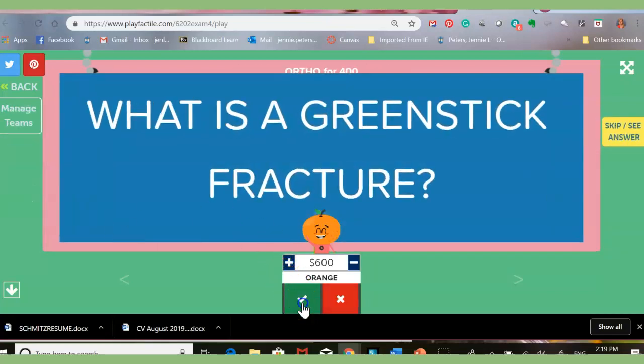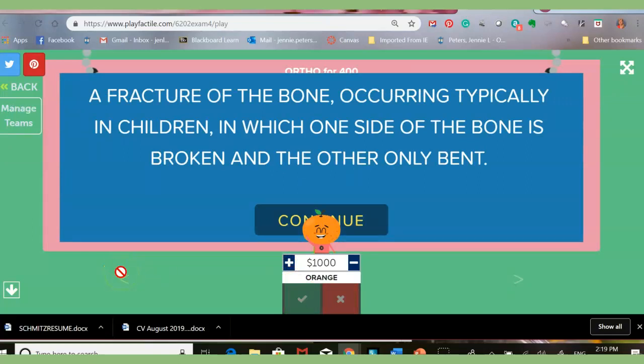Now, a greenstick fracture most often occurs with children because they fall. This is where one side of the bone is broken and the other side is bent. So it's not completely fractured all the way through; one side is bent a little, and the other side is broken.